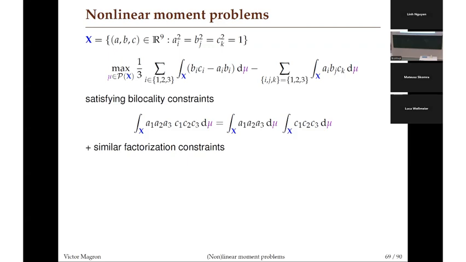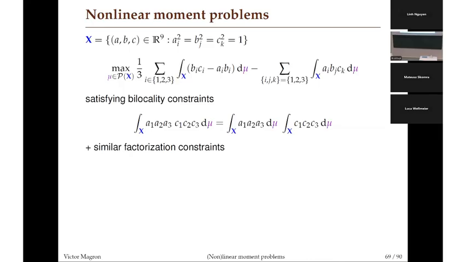What is maybe easier to understand is the bilocality constraint. Basically it tells you that you have three sets of observables: Alice, Charlie, and Bob in the middle.